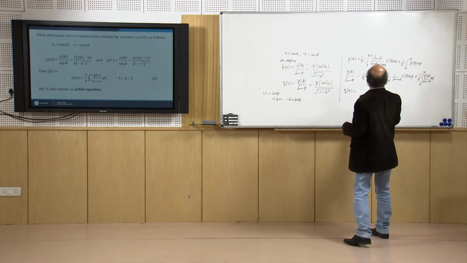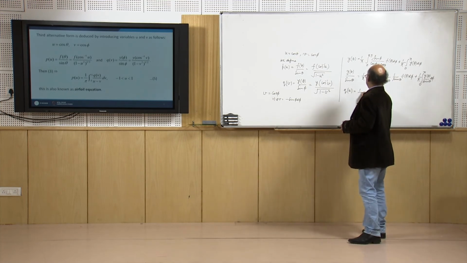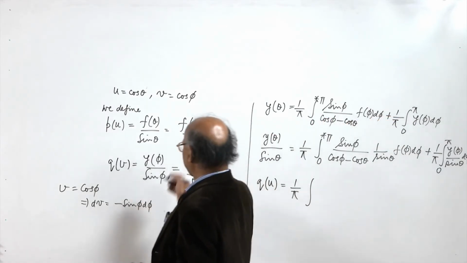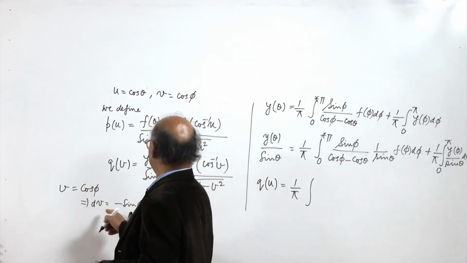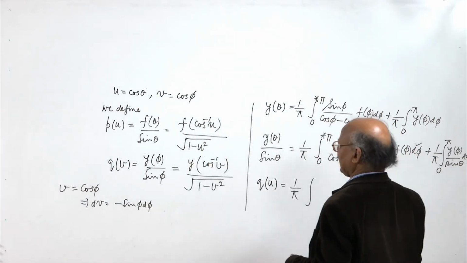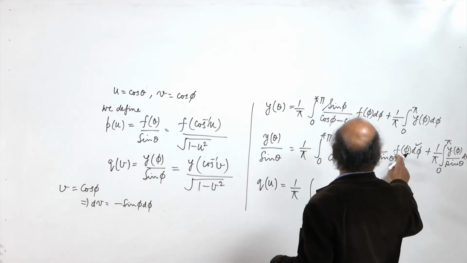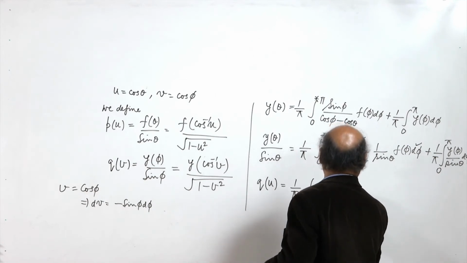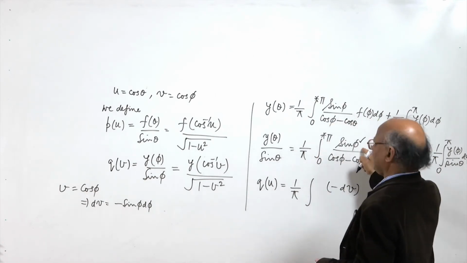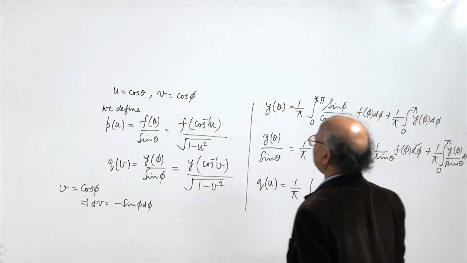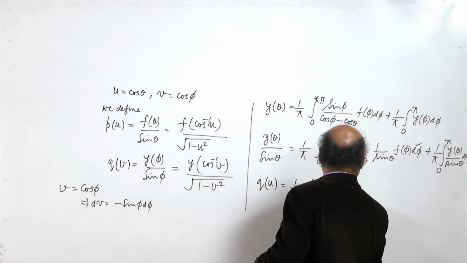So this is Qu equal to 1 over pi. Now d phi: sin phi d phi is equal to minus db. So sin phi d phi we write as minus db, and this is f of phi. Cos phi minus cos theta is b minus u.